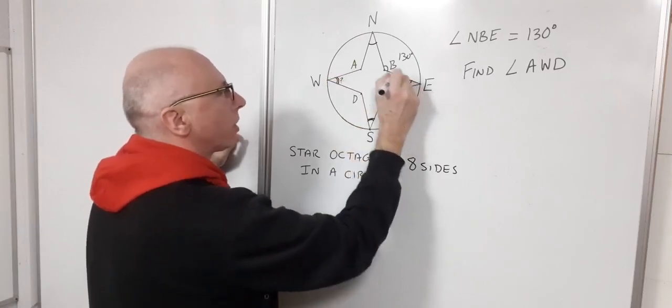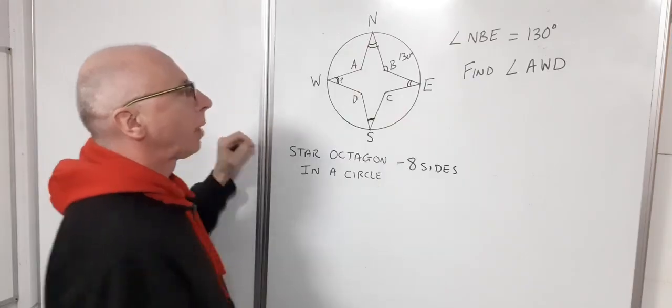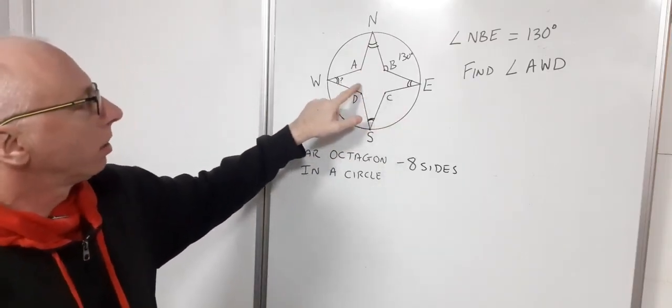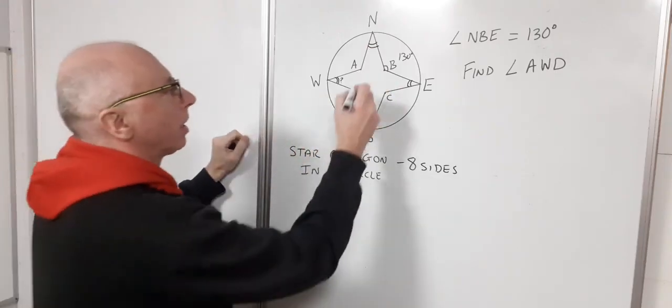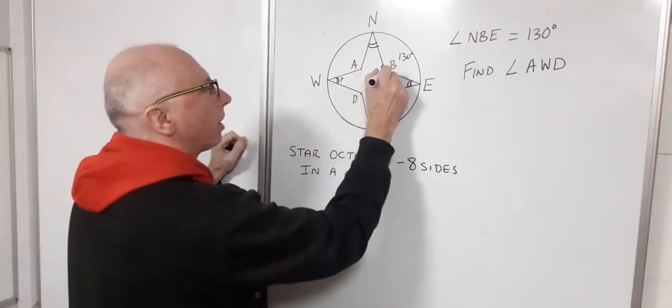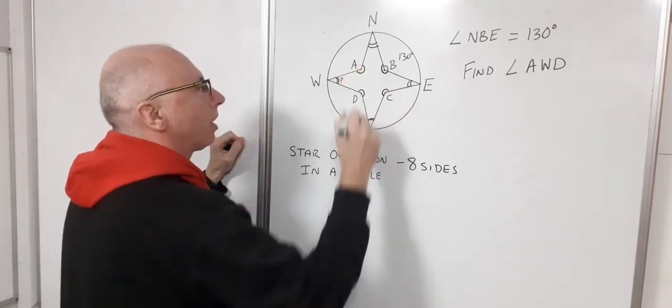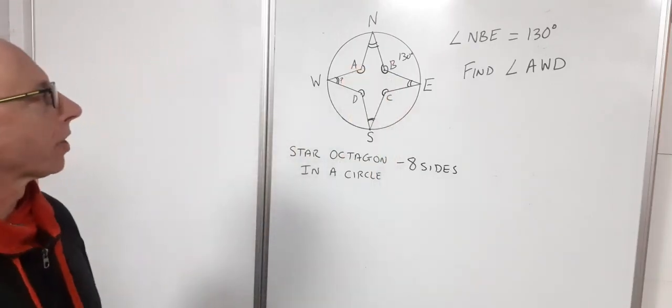So I'm going to give these a double line to show that they're all the same. And also, equally, these angles here will also be the same. So this one here, this one here, this one here, and this one here is also the same.